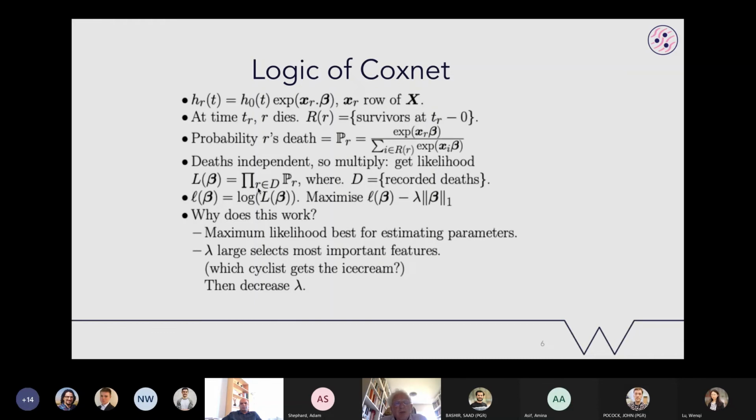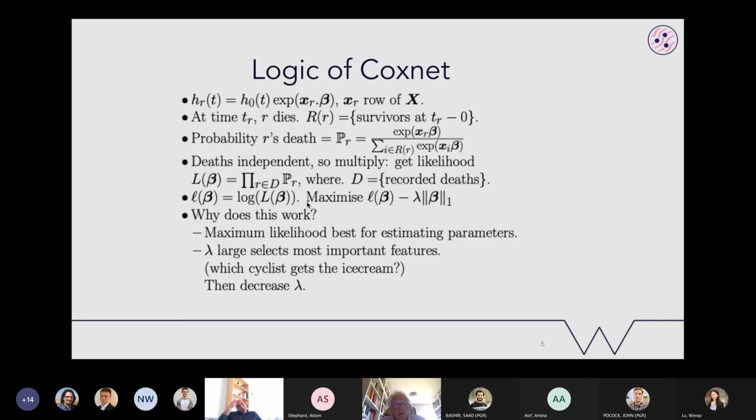And you can only multiply over the cases when the patient has actually died. So D is the set of recorded deaths, and you multiply those probabilities together. Now, when you multiply probabilities together, they get extremely small, and it's advantageous to take the logarithm. So this is the log likelihood, it's called.